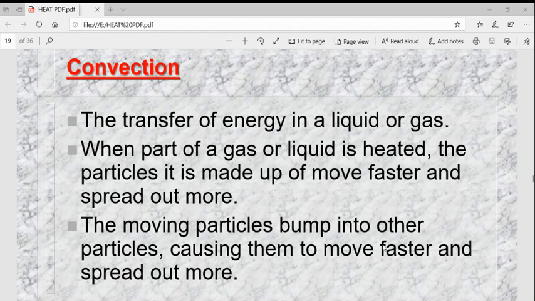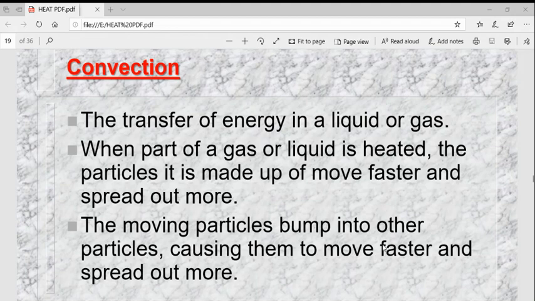So then how does heat transfer in water or in air? Do you know about that? Yes. So about this convection process, we are going to study in this method. Here, in liquids and gases, heat transfer can take place by the process of convection.